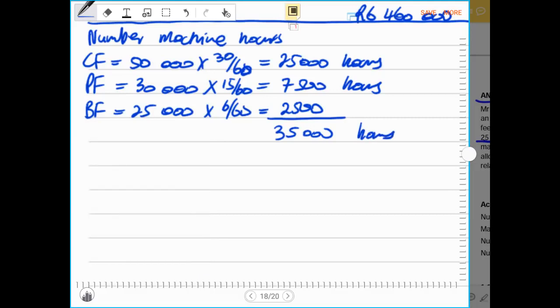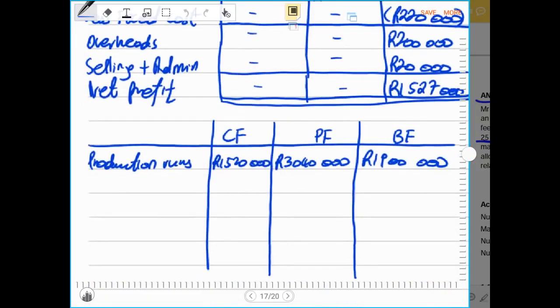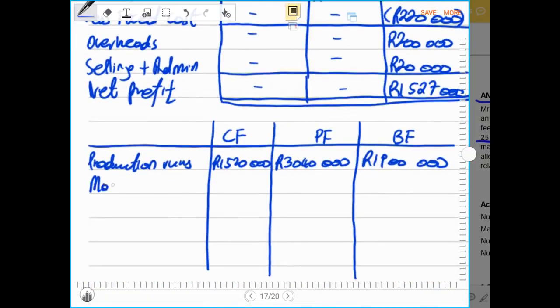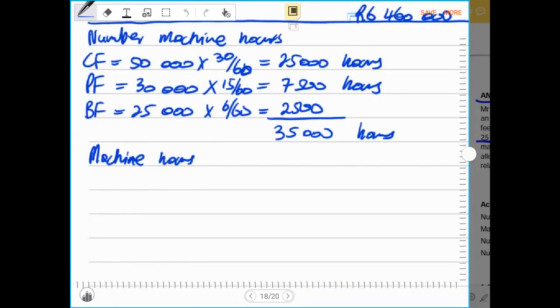Then we need to do the allocation. And the allocation will be machine hours, and here we'll have machine hours again. Cost based on machine hours.